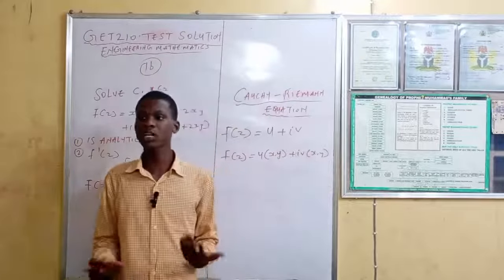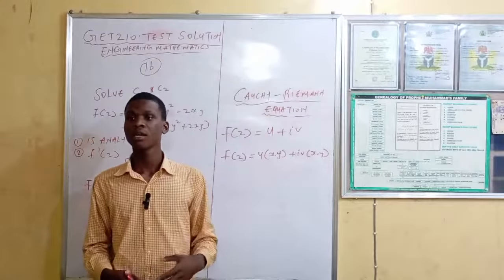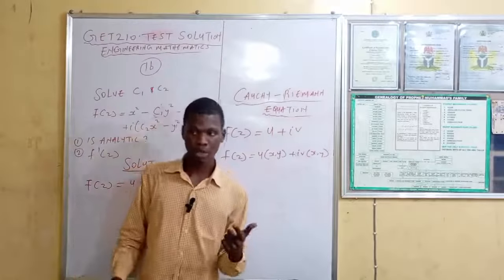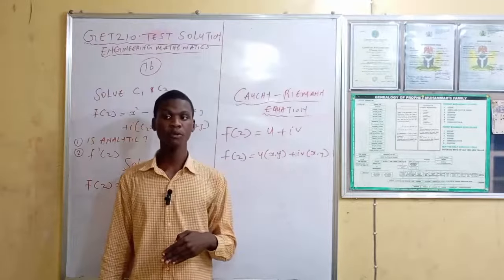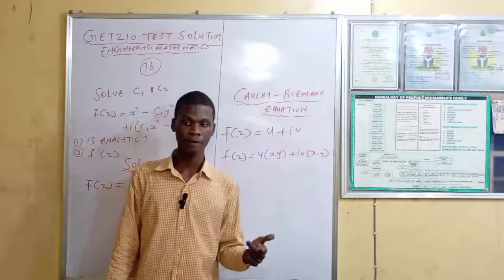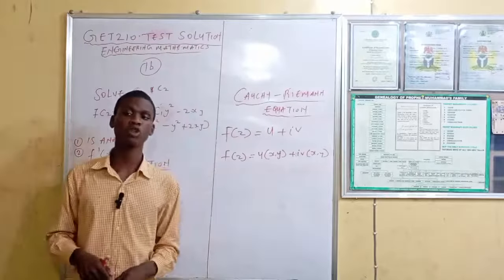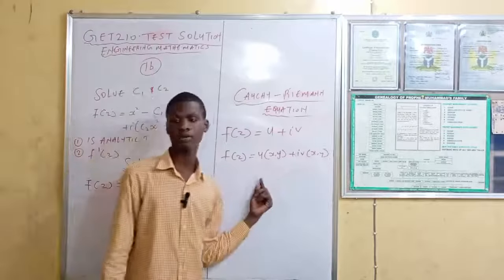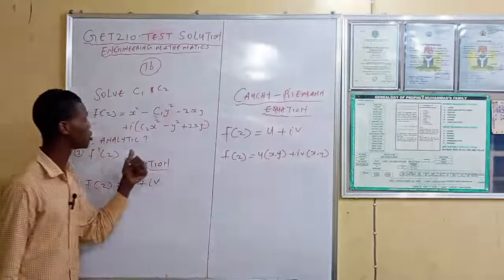So in my given question, I'm expecting the real part of z and the imaginary part of z. The real part of z will be a function of x and y, and the imaginary part of z will also be a function of x and y. That's the interpretation here.